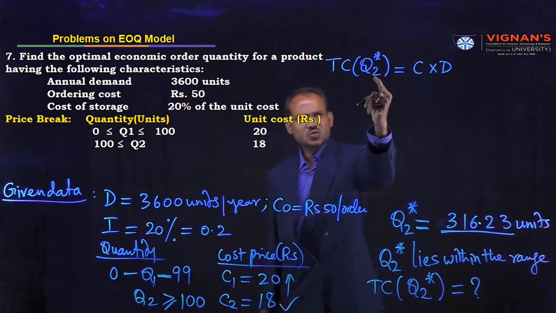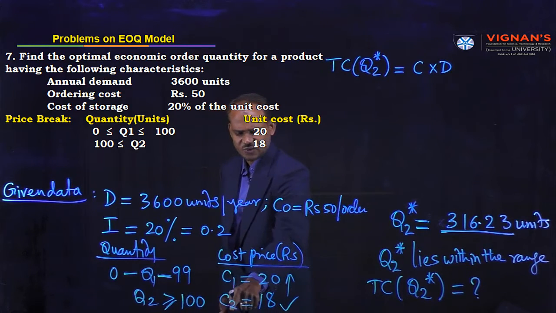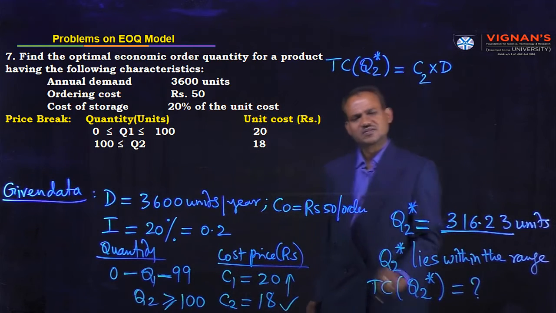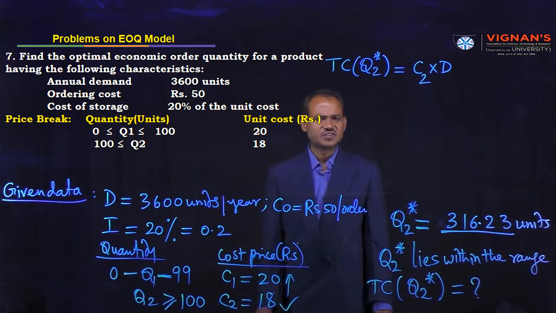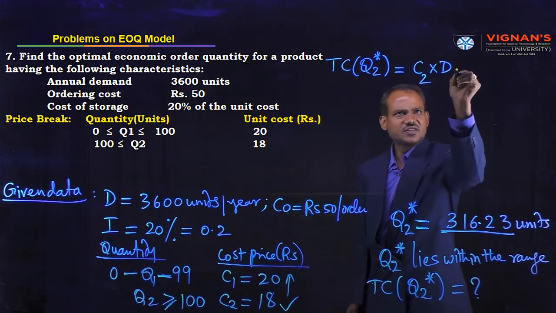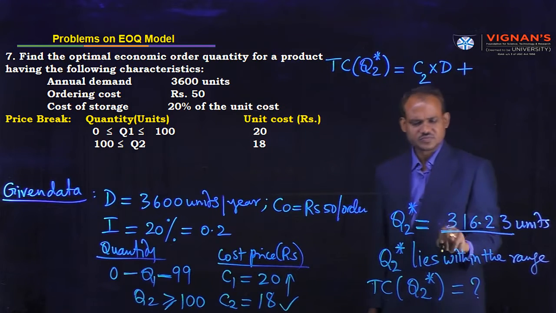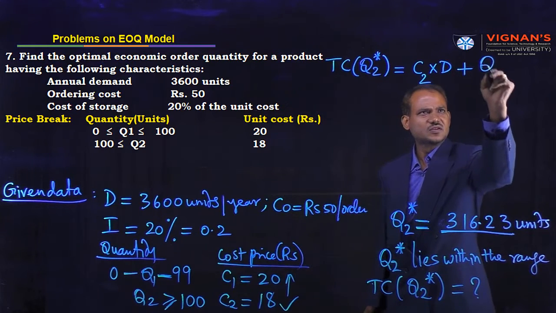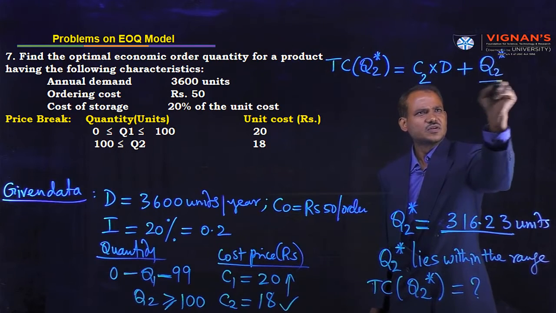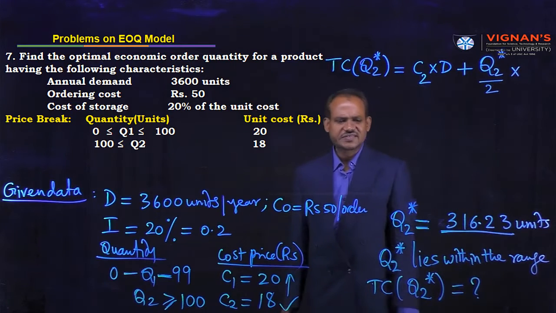Here Q2 range is this range. This corresponding price is known as C2. Therefore, substitute C2 in place of C. Demand CD plus Q by 2, here Q means Q2 star. In place of Q, write Q2 star into CC.